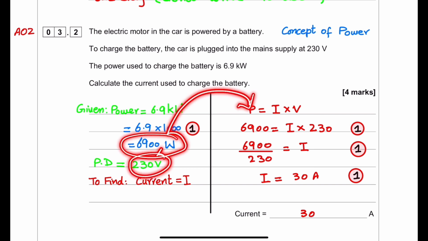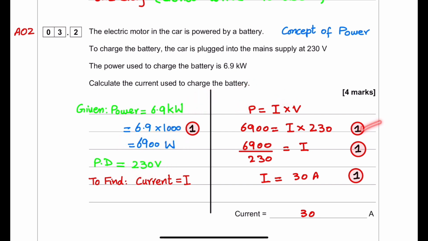The value of potential difference will be used here, and there is 1 mark for substituting the values, 1 mark for converting the units. This 230 goes on the other side to make current the subject. At the end, we know that I is equal to 30 amperes. Students need to do all these steps to get marks 1, 2, 3, and 4.